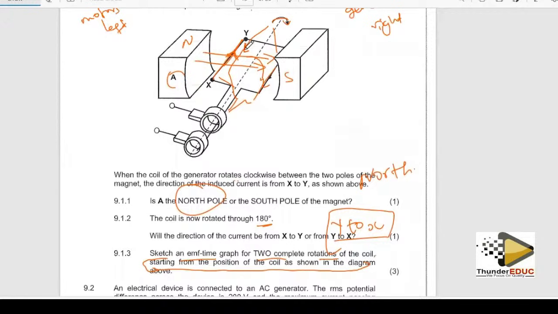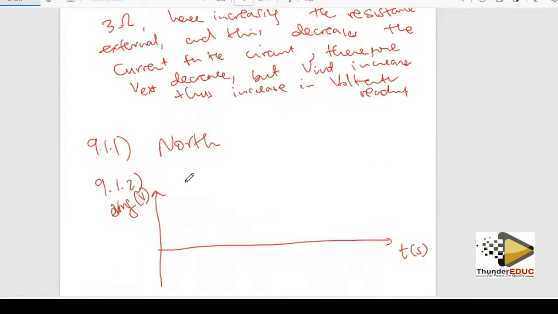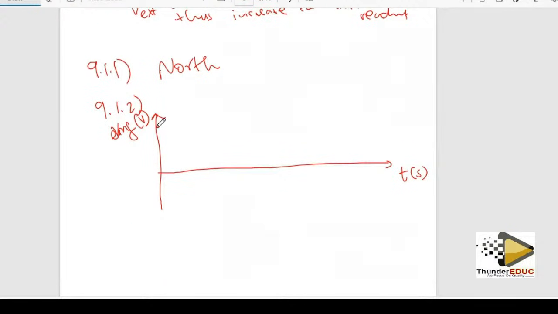When the coil is horizontal, that's when we experience the maximum EMF. So what I'm going to have is something like this. That is one rotation. And then I'm going to have another rotation, something like that. So that would be my EMF time graph.